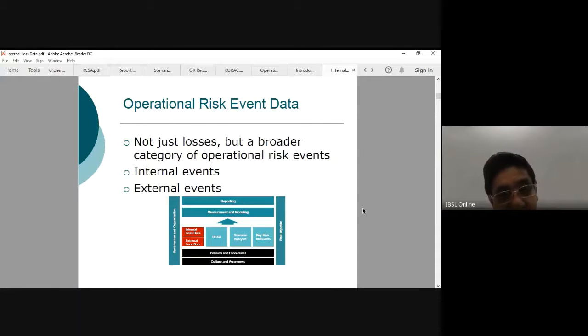Therefore, since the organization is in the overall system, external events also are important in order to get an idea about the operational risk. That is why we have given consideration to external events also.